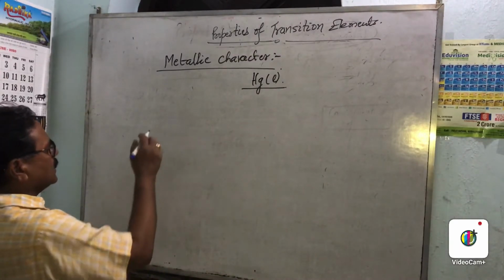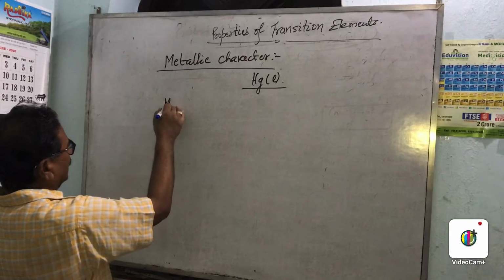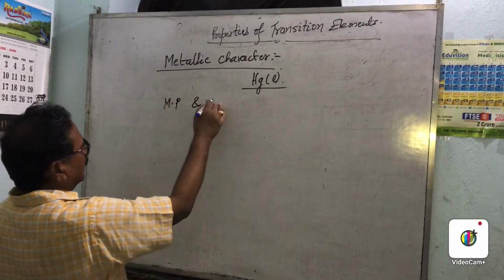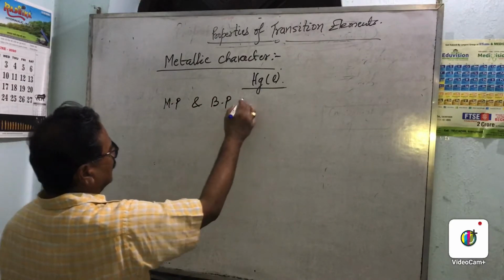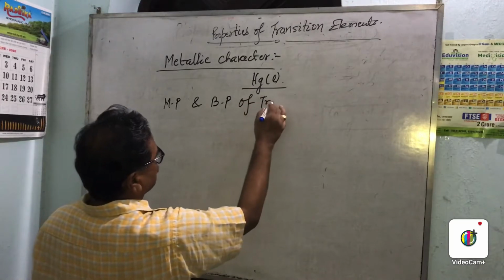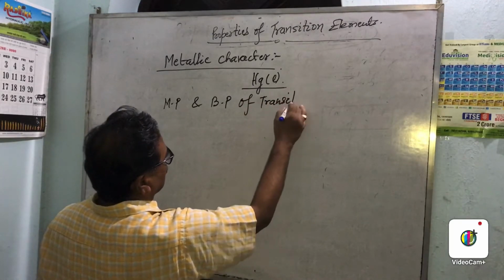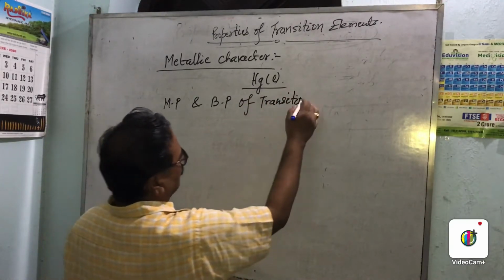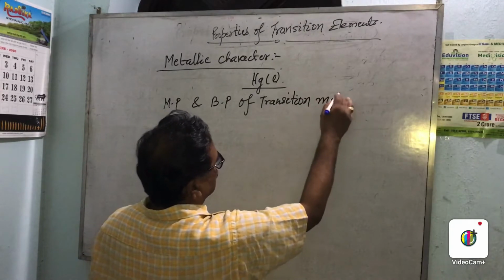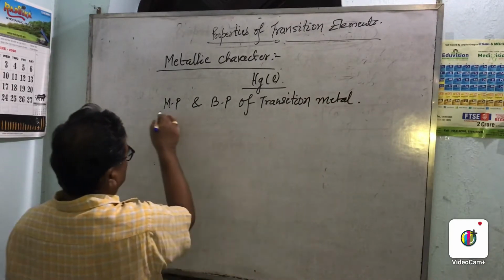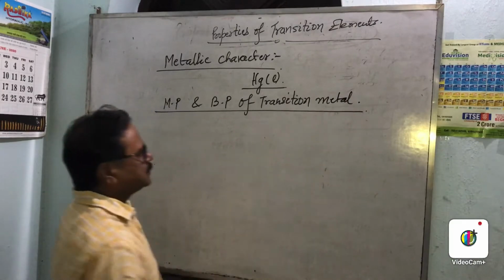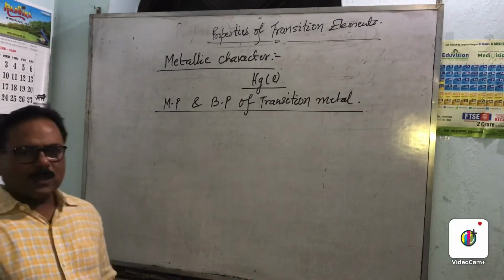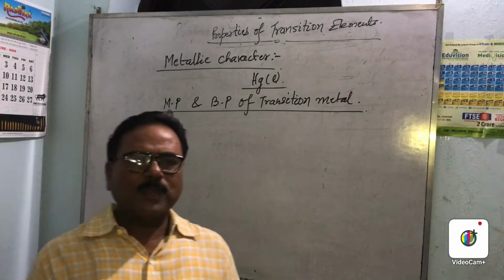Now the second is the melting point and the boiling point of the transition elements or metals, and this is very important. We should be very clear.